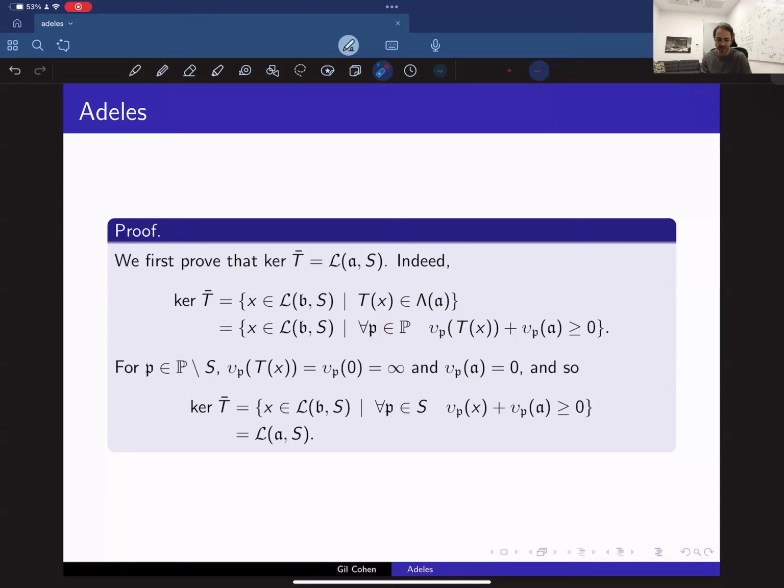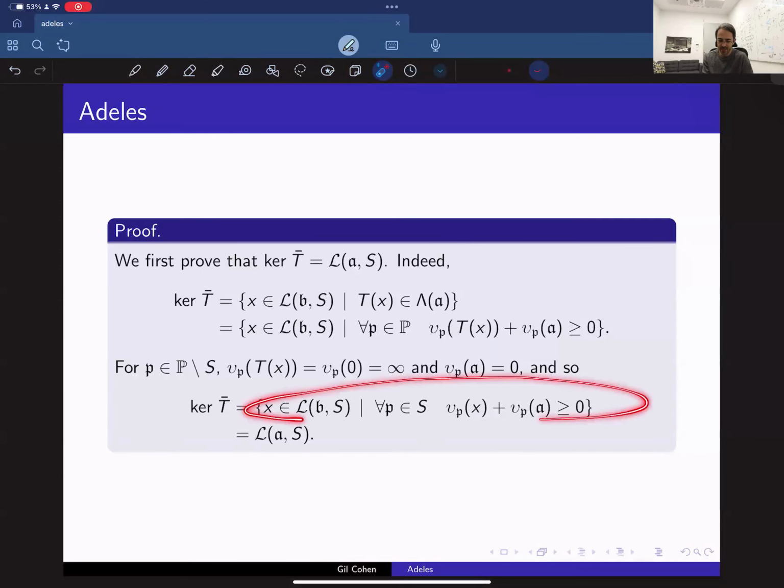So we can write it again saying that the kernel of T bar is all of the elements in this truncated Riemann-Roch space, such that only for those p which are in S, VP of X plus VP of A is larger or equal than zero. I changed T of X to X because on S it's the same thing.